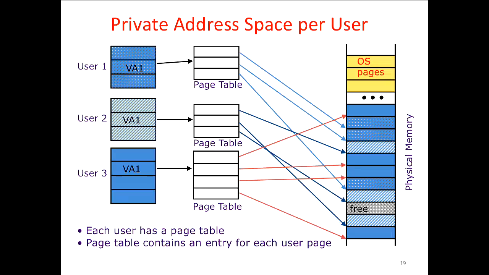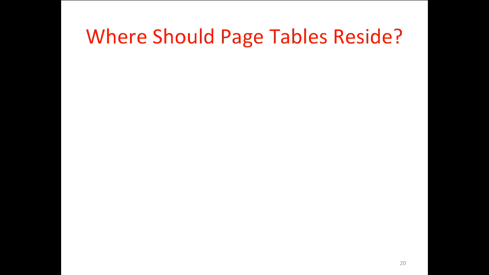And so the big question is, where do those page tables live? If you start thinking about this, if you have 4 kilobyte pages and a 4 gigabyte address space, you have 1 million pages, right? That's like 1 million base registers from one process. You may have many processes running. So it's kind of a big structure.